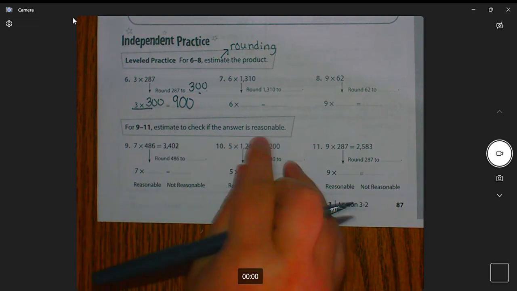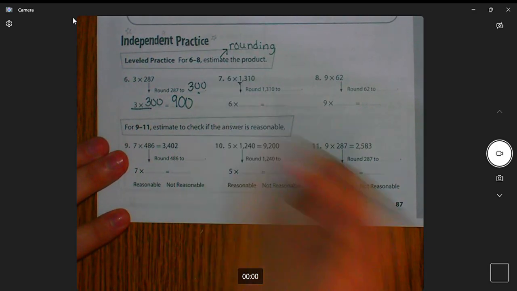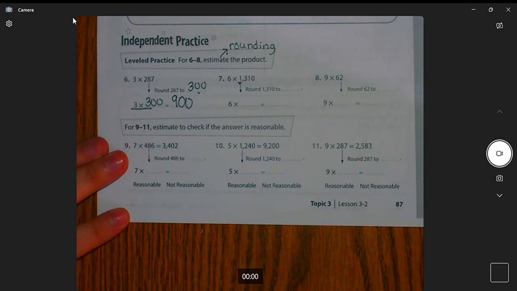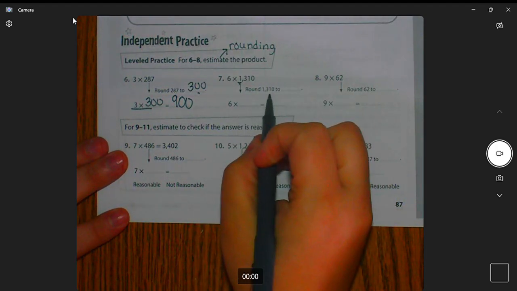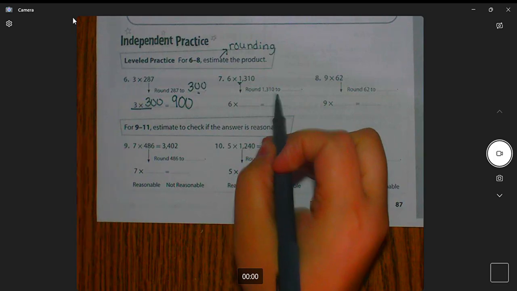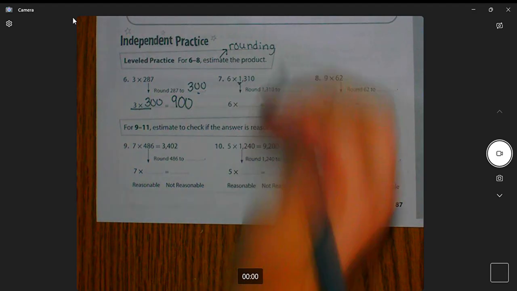Let's do another one. This time I'm going to round to the, what place is that? Right, it's the thousands place. So 1,310, is that closest to 1,000 or is it closest to 2,000? Right, it's closest to 1,000.